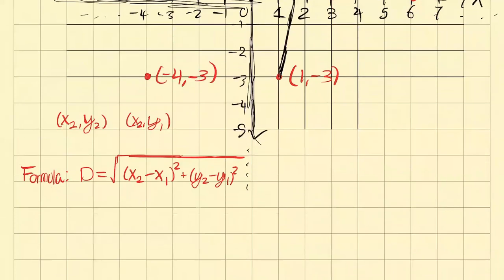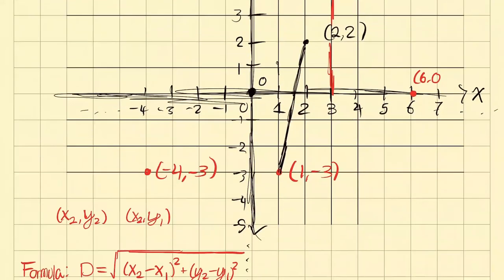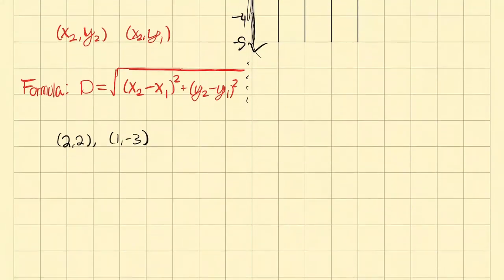So let's think about the distance between these two values, 2 comma 2 and 1 comma negative 3. So here I have x1, y1, and x2, y2.